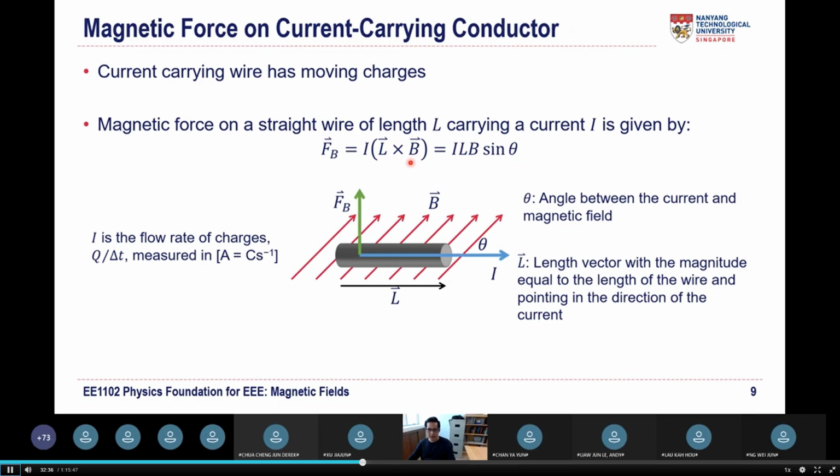Again, this turns into a simple multiplication if the vector L is directed towards the direction of the current, and vectors L and B are 90 degrees. But if it's at an angle theta, then you have to do this calculation because it's a cross product.